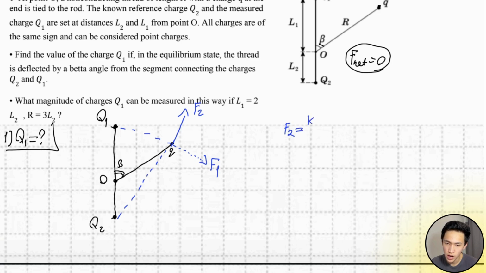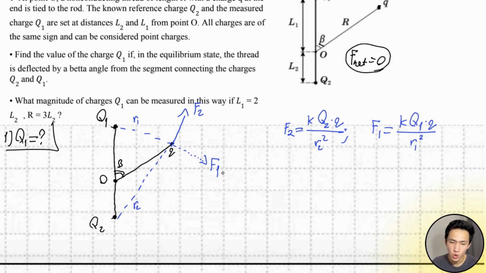F2 is equal to K Q2 small q over R2 squared. F1 equals K Q1 small q over R1 squared, where R1 is the distance from this point to this point.